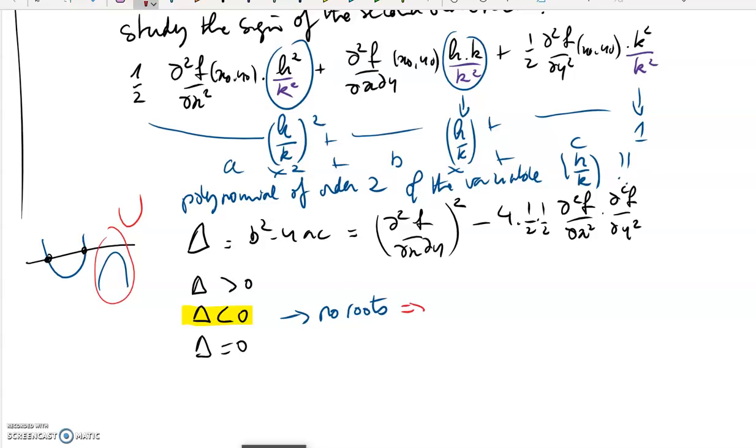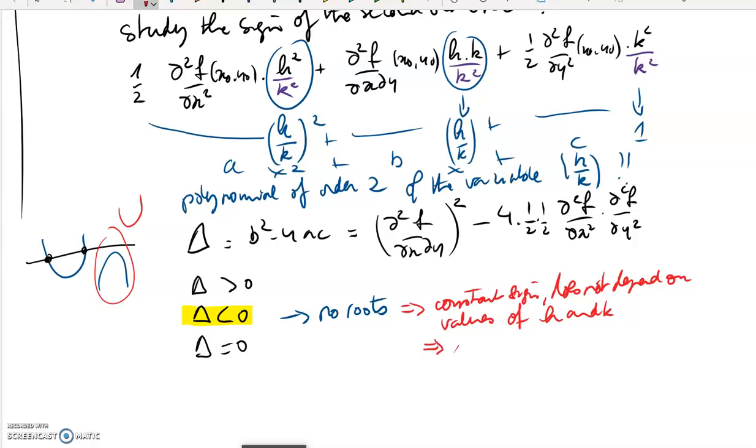So constant sign does not depend on the values of h and k, right? Whatever the values of h and k, this polynomial is either always positive or always negative.